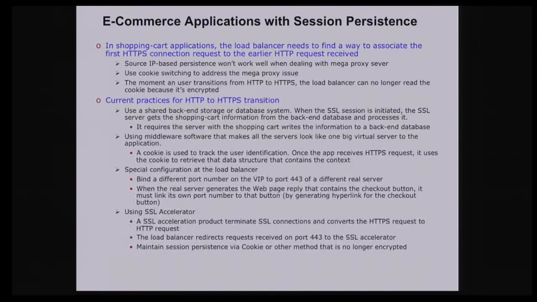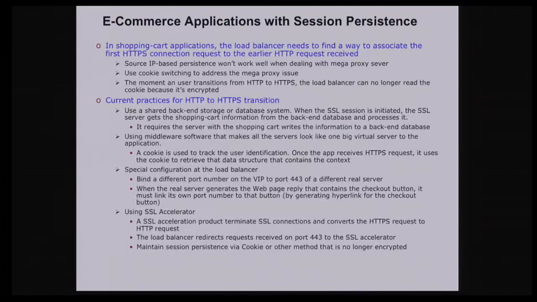There are many ways that we can do persistence. For example, as I mentioned, you could have backend storage or a backend database and use that as glue so that you can still maintain the state information. Or you can have some middleware that glues multiple servers together so that they look like a single server. And probably the most common is to use an SSL accelerator.